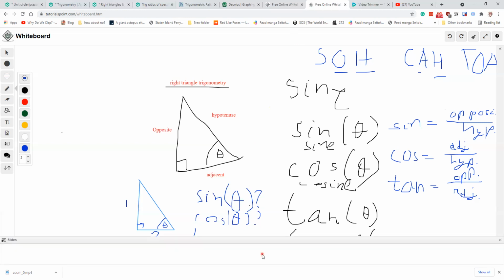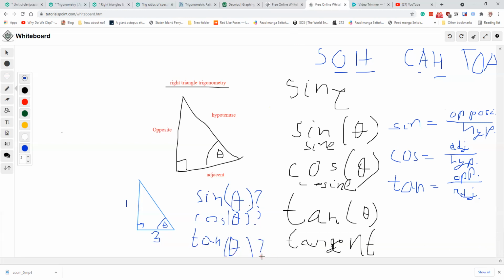What are these three things? For sine and cosine, you might be a bit confused, but for tangent, you would go, okay, we have theta, so we can look at the opposite, 1, and the adjacent, 3, and say that tan of theta is equal to 1/3.